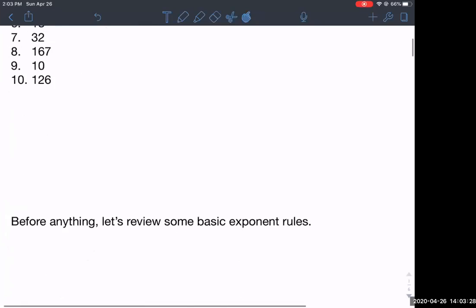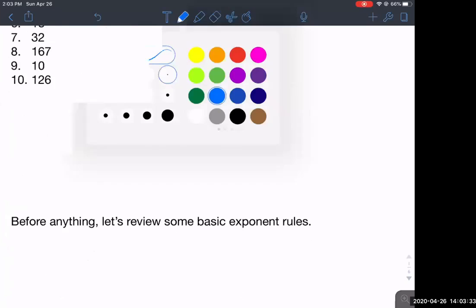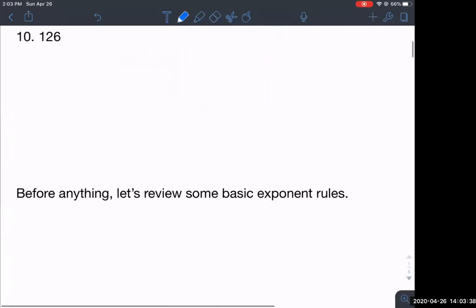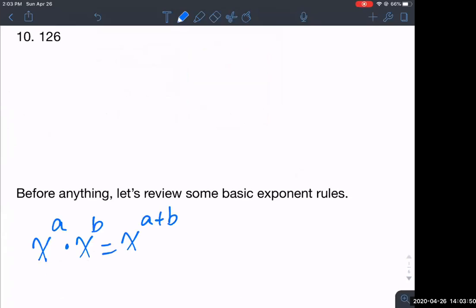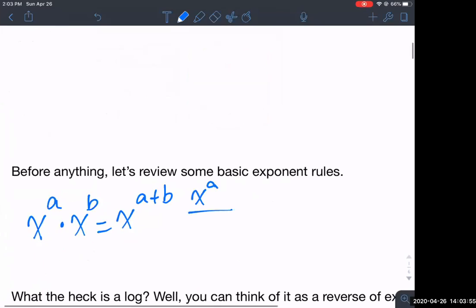Okay, so first let's review some basic exponent rules, since exponents and logs are very, very closely related. If you have x to the a times x to the b, you get x to the a plus b. If you have x to the a over x to the b, the result is going to be x to the a minus b.